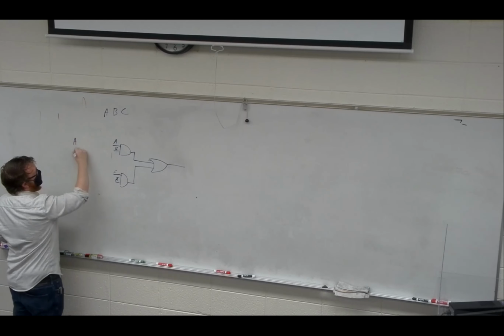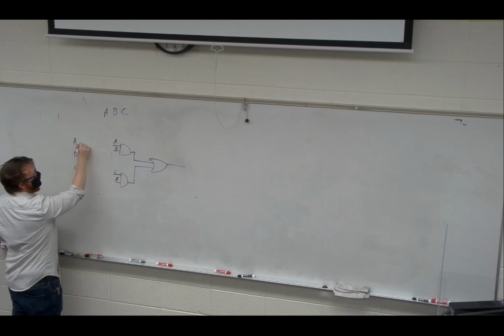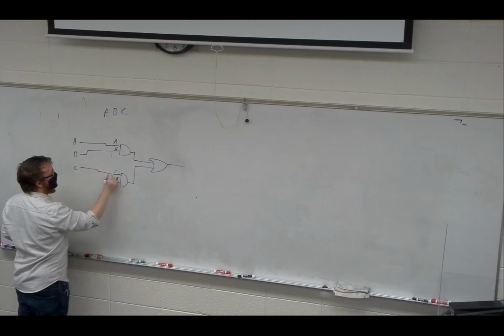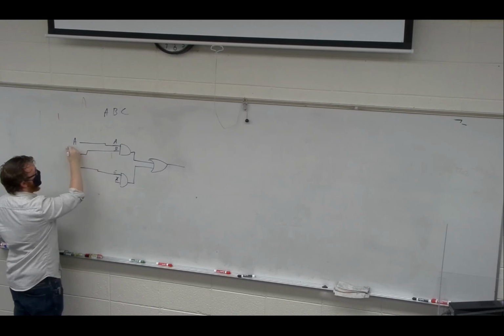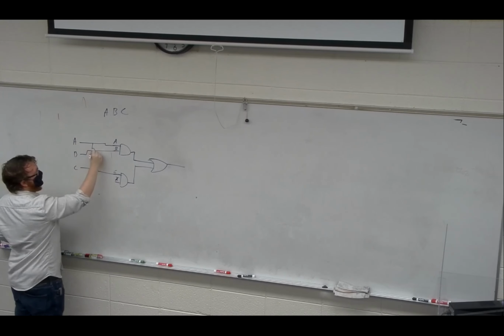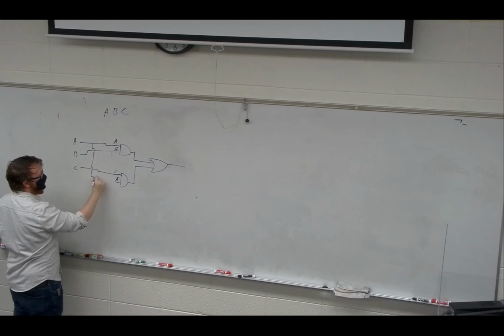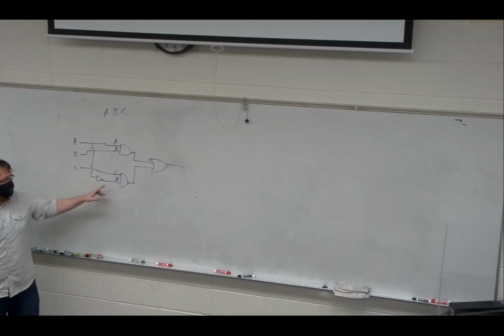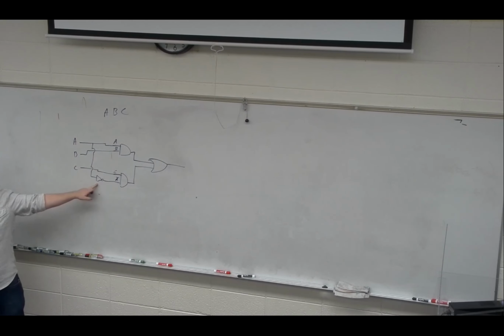So I have A, I have B, I have C. Plugs in, plugs in, plugs in. But then I need to do something like this, right? Now I have A bar. I needed an inverter to do that.